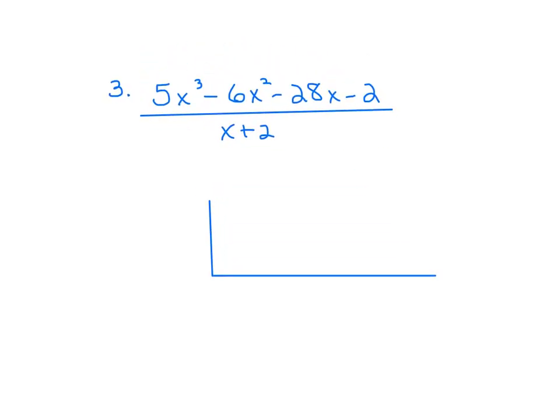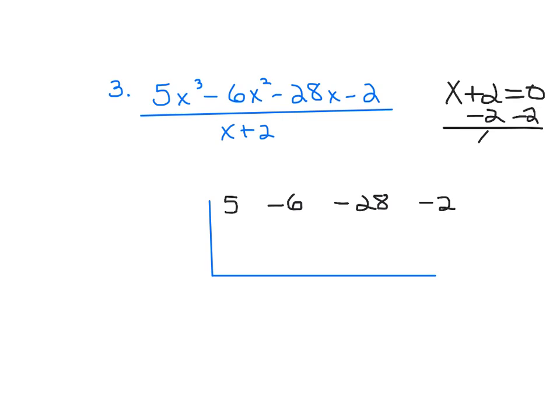Again, we're pulling all of the coefficients. So I'm putting a 5, a -6, a -28, and a -2. I take the denominator, set it equal to 0, and the number I'm using is -2. I start the process by dropping down the first term.